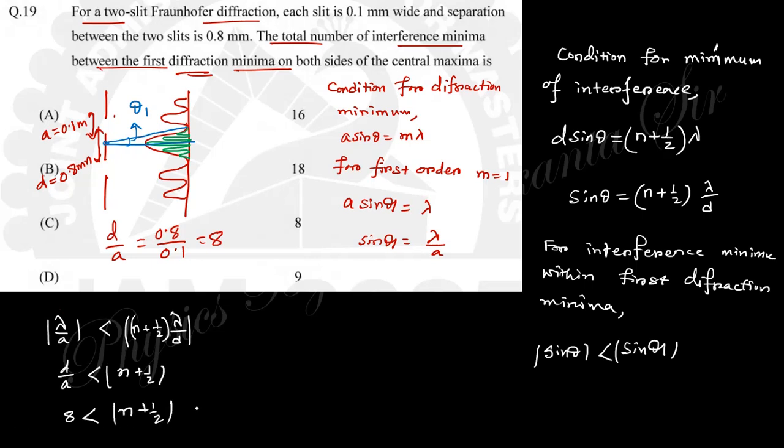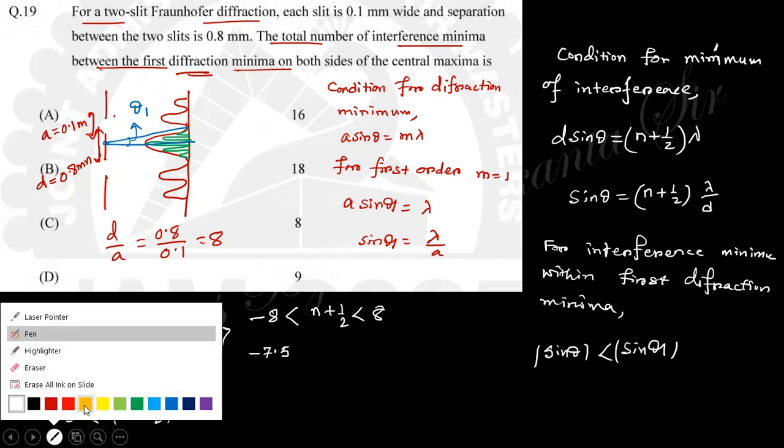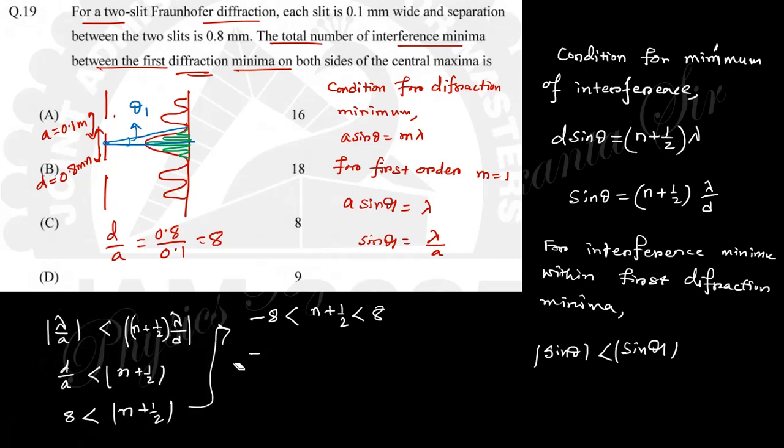That means minus 8 to plus 8 for n plus half. So taking half as minus, this is 7.5. Oh, minus, so 8.5, sorry, 8.5 less than n less than 7.5.